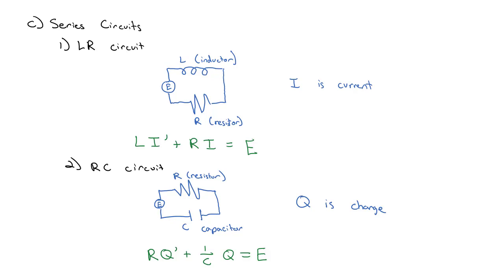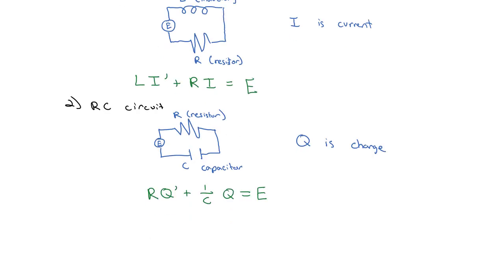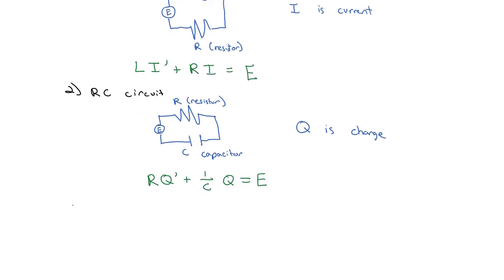I want to notice in the first differential equation, we were talking about current. The second differential equation, we were talking about charge. And it turns out that the two are closely related.